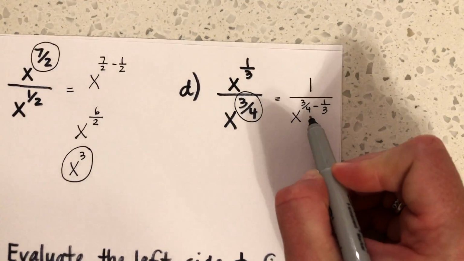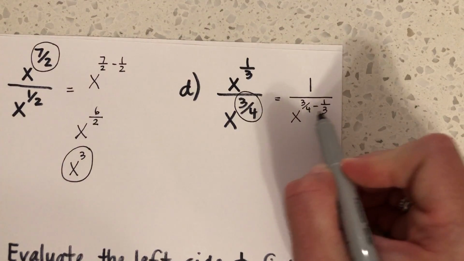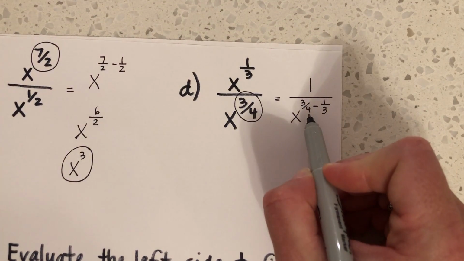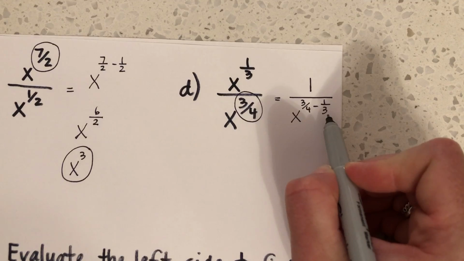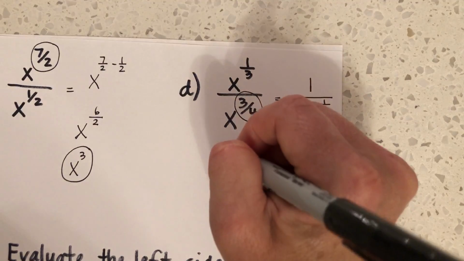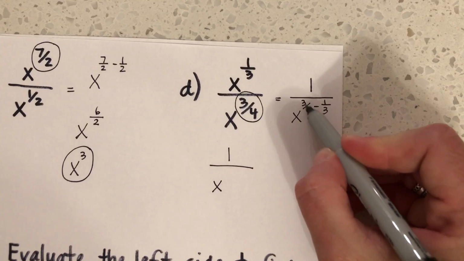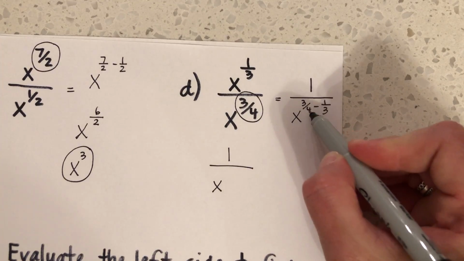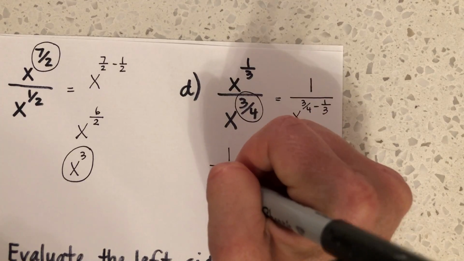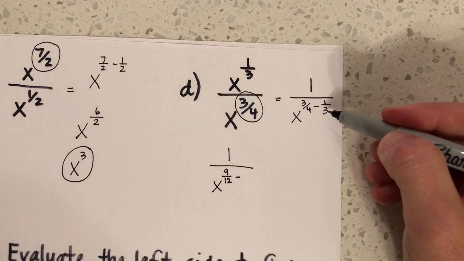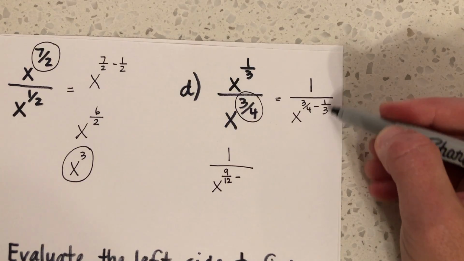All right, so we have to subtract 3/4 minus 1/3. We have to get a common denominator, right? So what's a common denominator between 4 and 3? It's 12. So this is going to be 1 over x to the, well, to make 4 a 12, I have to times top and bottom by 3. So that's going to be 9 over 12. Subtract, to make 3 a 12, I have to times top and bottom by 4.